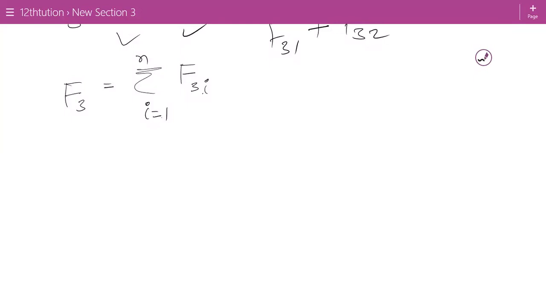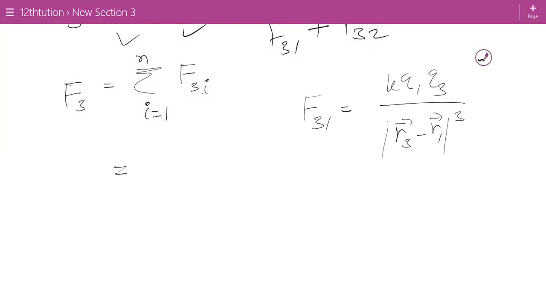So that is the vector addition of forces. Now, you know what F31 is, right? It is k Q1 Q3 divided by the magnitude of r3 minus r1, times the vector r3 minus r1. That was the formula.